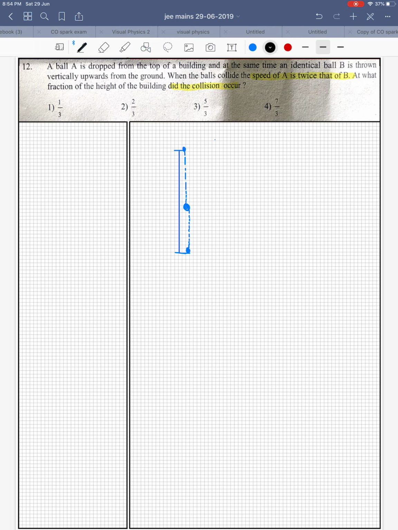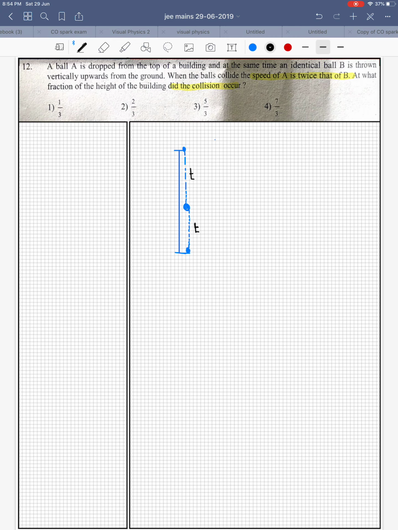So these two events started at the same time, and you close your eyes, and the balls have collided. That means both of these have equal intervals of time.